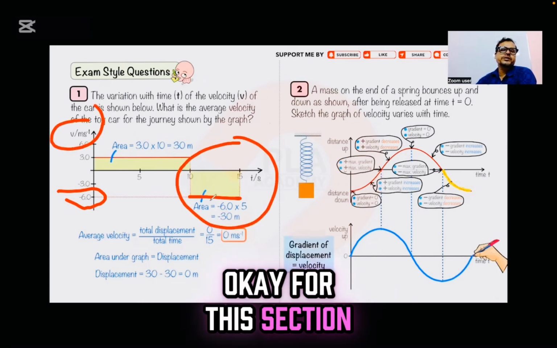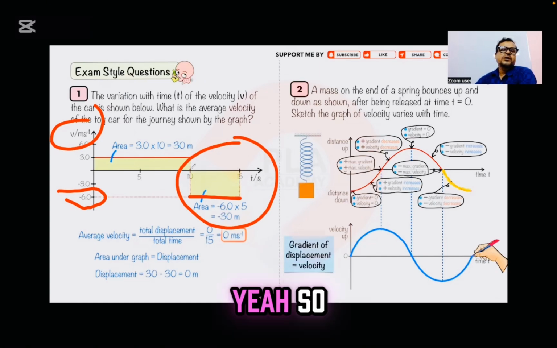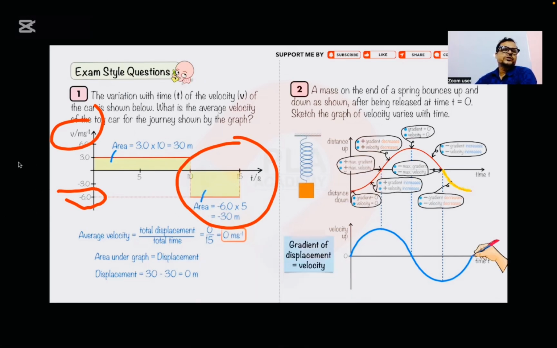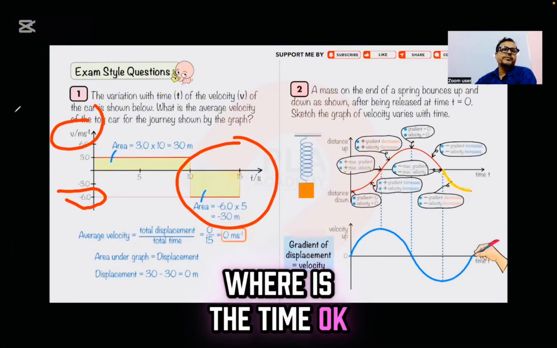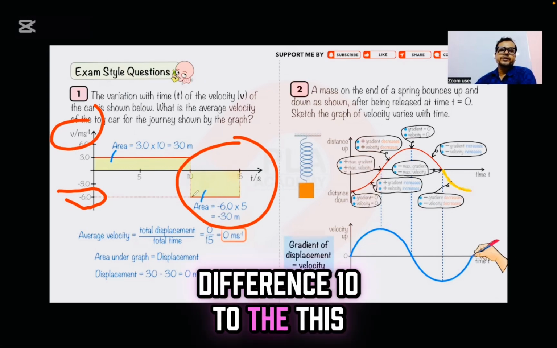And what is the time? Time means this difference, this is the time.